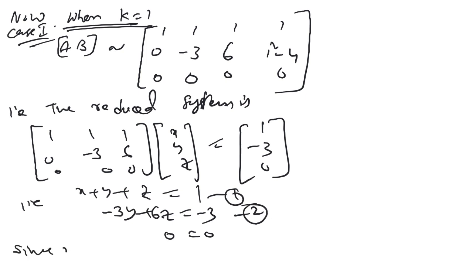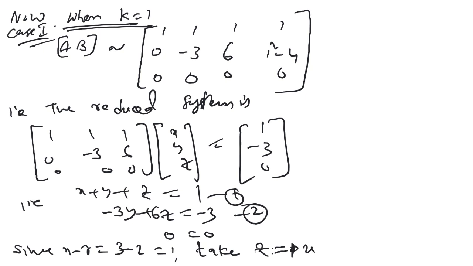Since n minus r is equal to 3 minus 2, that is 1, take one unknown as u. Take z is equal to u, because the value of z is not known from these equations.